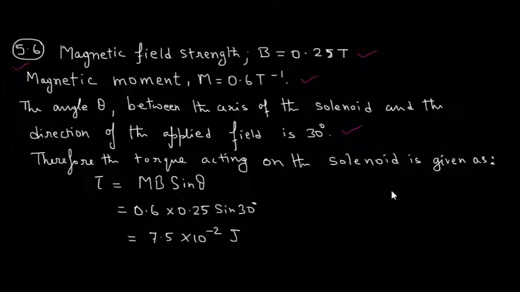Therefore, the torque acting on the solenoid is given as tau is equal to MB sin theta. Putting the values of M, B and theta, we get 0.6 × 0.25 × sin 30 degree. Upon solving, we get 7.5 × 10^-2 joule. Let us see the next question.